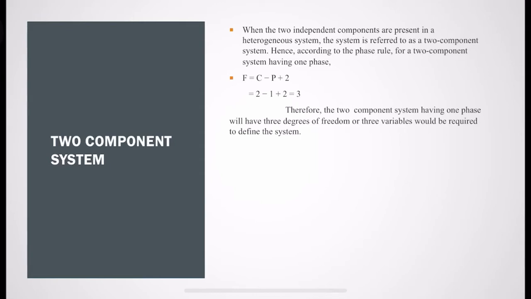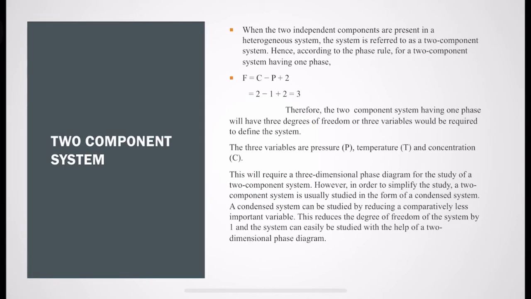What are the 3 variables? As you know, the 3 variables are pressure, temperature and concentration. So this will require a three-dimensional phase diagram for the study of a two-component system.